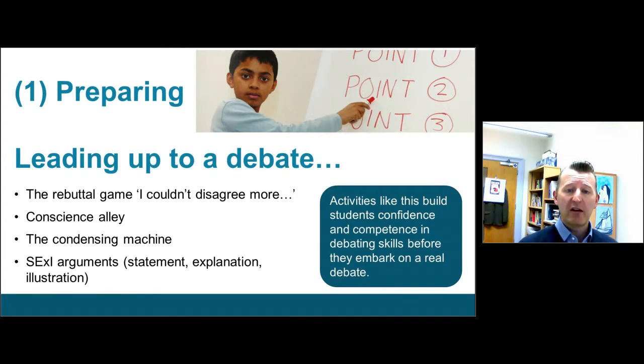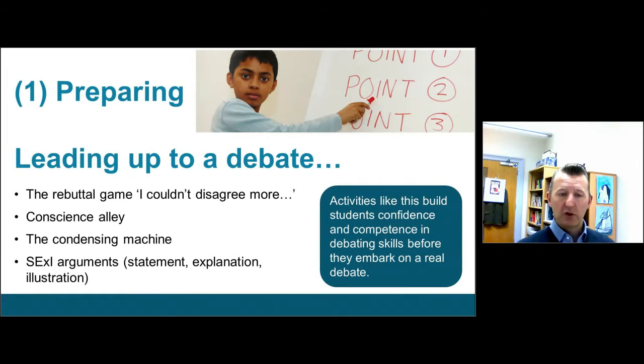So in terms of preparing, there are several activities you might employ when you're leading up to a debate. Some activities that have been developed by the English Speaking Union, which exists to promote debating competitions and debate in schools. They use the rebuttal game, which is very simple.